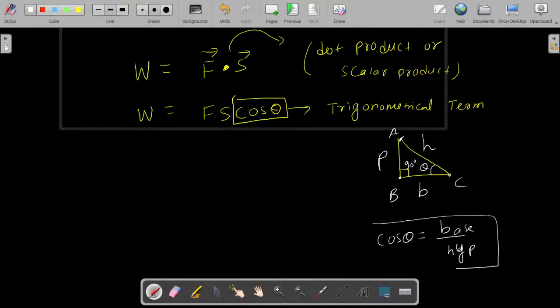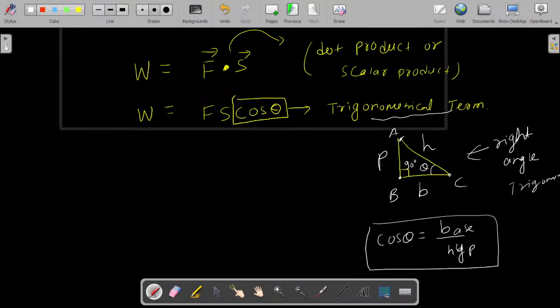It's a ratio of base upon hypotenuse in a right angle triangle. You will learn everything about trigonometry in class 10th. Just remember, this is a trigonometrical term and its value is a ratio of two sides of a right angle triangle, that is base and hypotenuse.